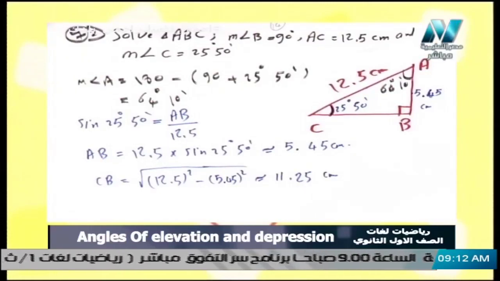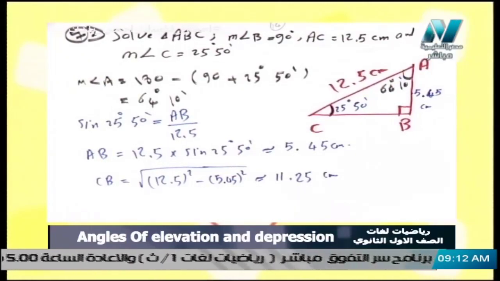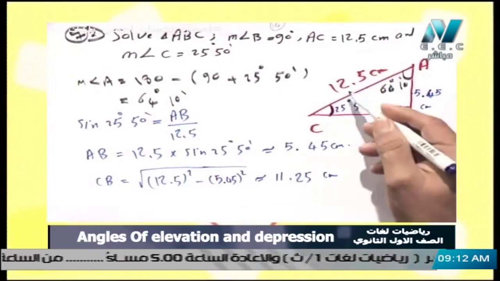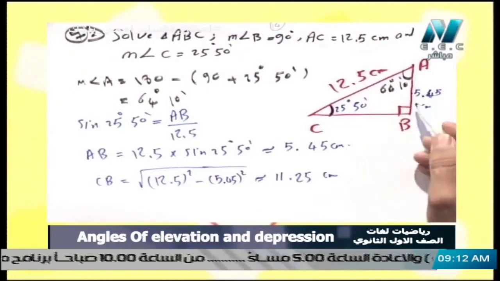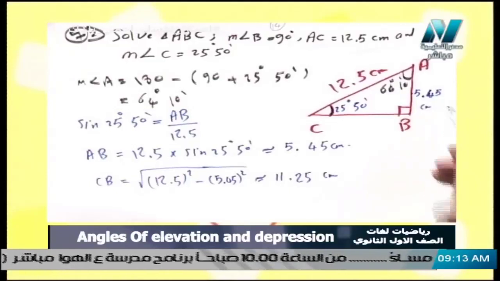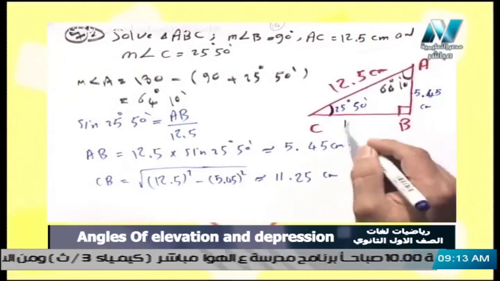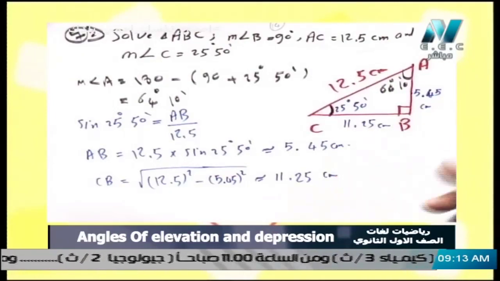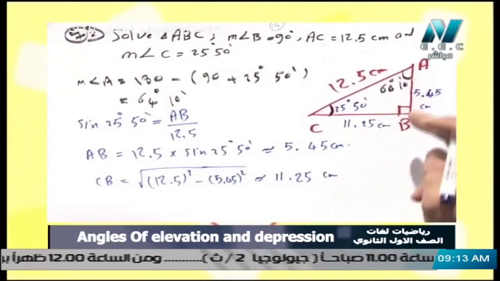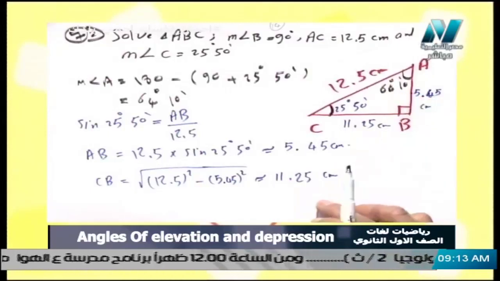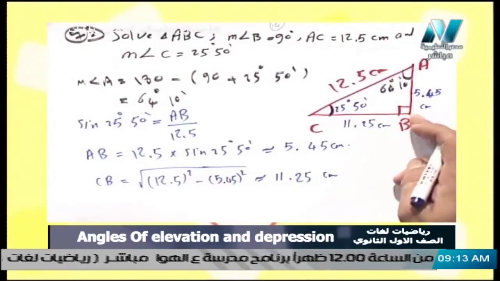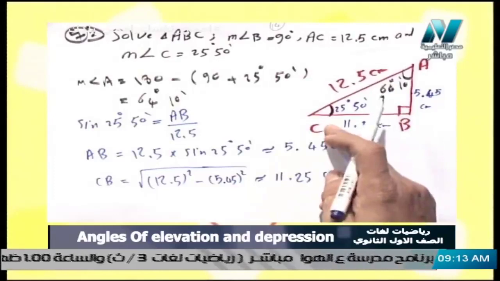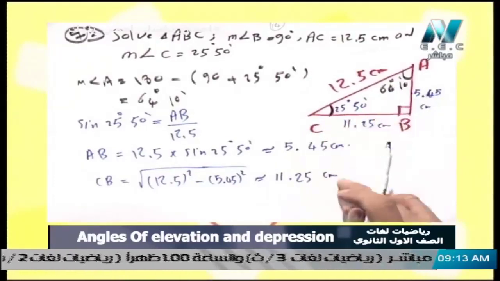Okay, we have now the three sides. This side, which is given, AB, we calculated 5.45, and CB is 11.25 centimeters, and we have measure angle A 64 degrees and 10 minutes, and already we have measure angle B equal 90, measure angle C as given 25 degrees and 50 minutes.